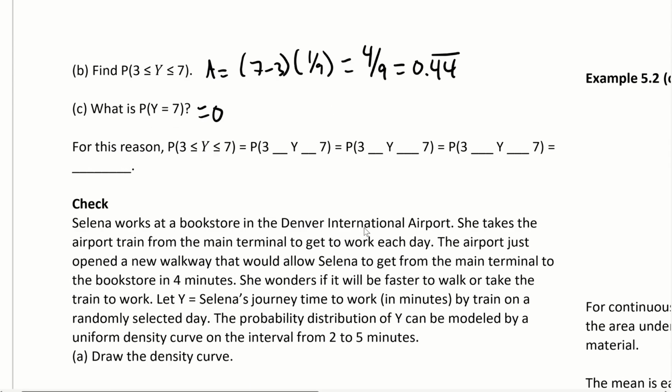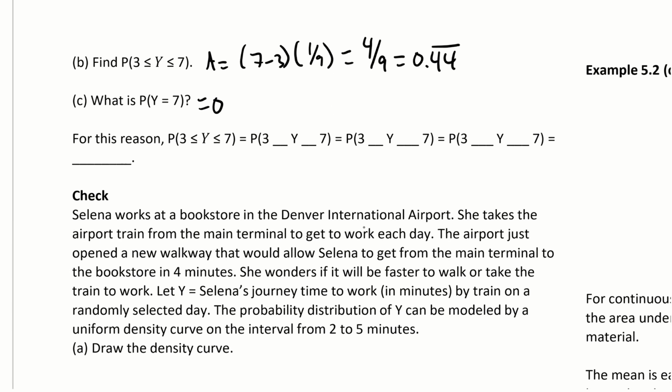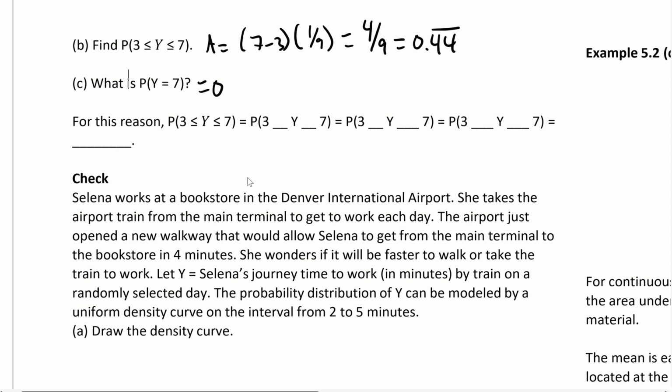So if that's the case, does it really matter that we have an equal sign here? Well, no, it doesn't really matter, because the probability at that particular number is always going to be 0. And so the whole point of this little exercise is to show you, hey, we know how to calculate these probabilities, but we also have to realize that it doesn't matter if you have the bar there or not. It's still going to be the same thing.